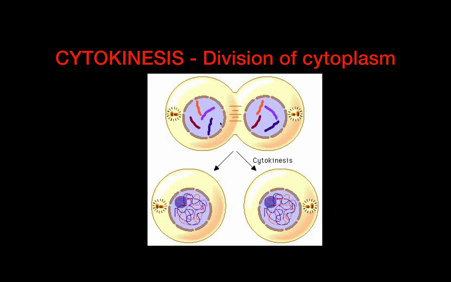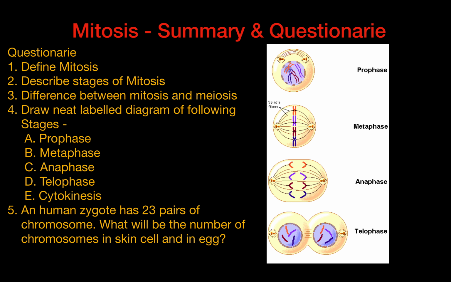In telophase there was division of the nucleus. In cytokinesis there is division of the cytoplasm. Concentrate on this yellow colored part. So this completes the mitosis cell division. These are a few questions and a summary of mitosis.